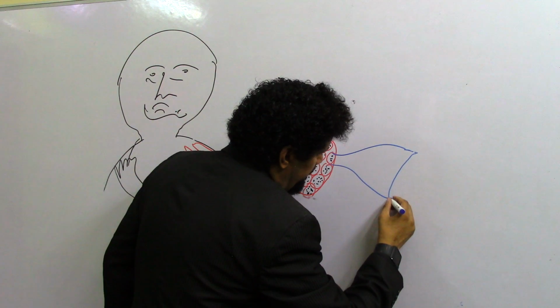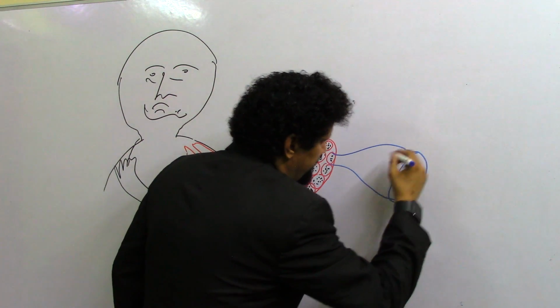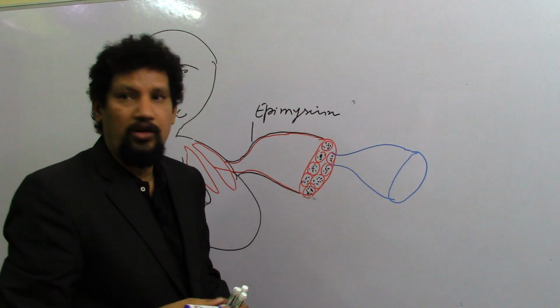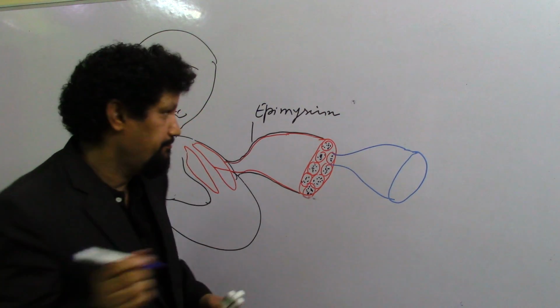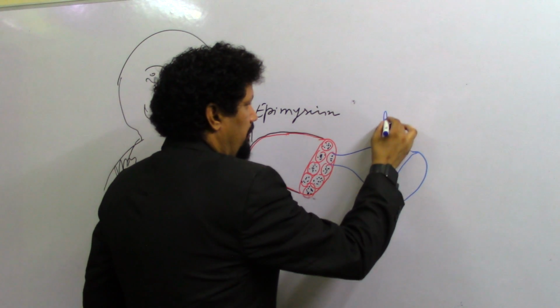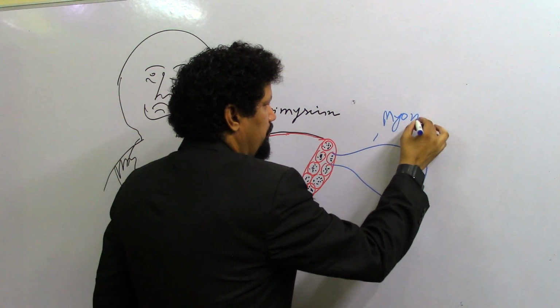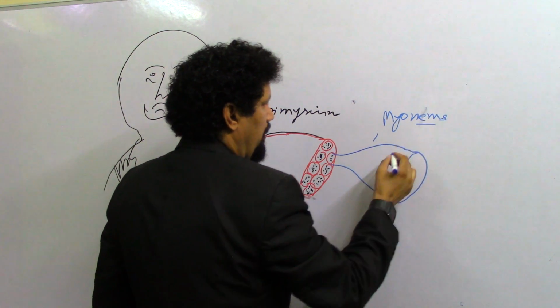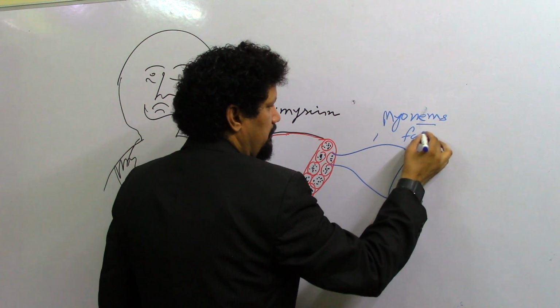This is the enlarged section of a muscle fasciculus, also known as myoneme, M-Y-O-N-E-M-E, myonemes or fasciculus.